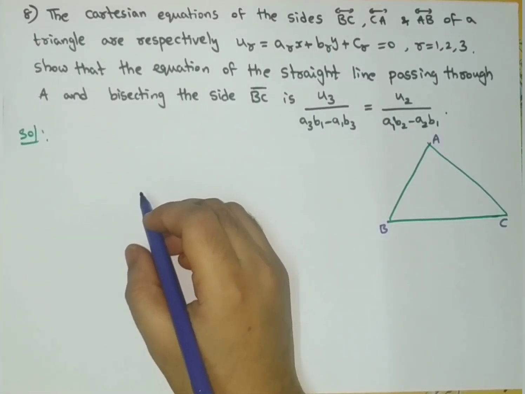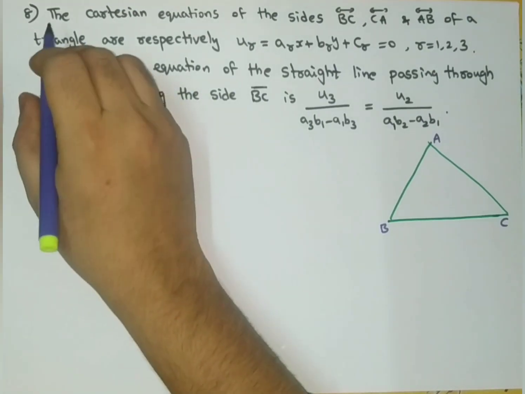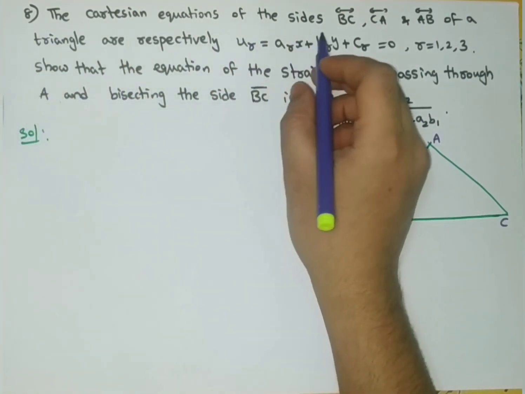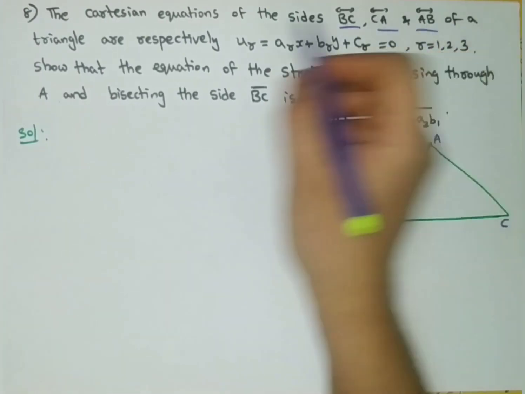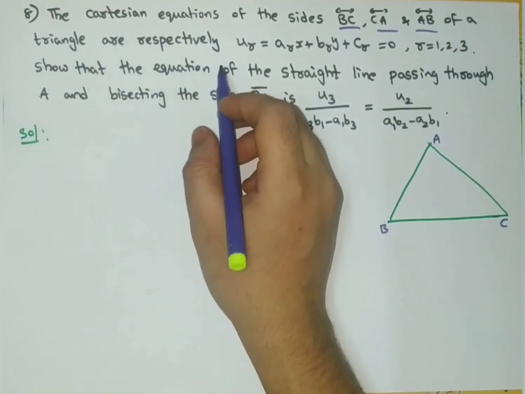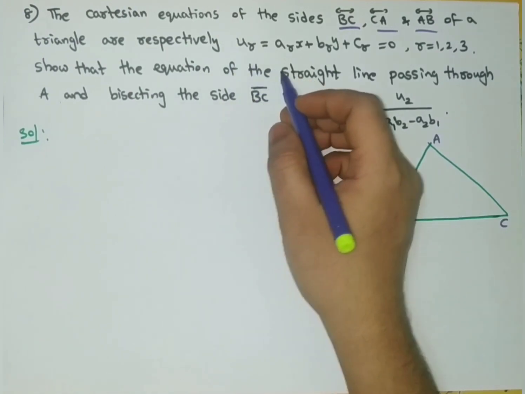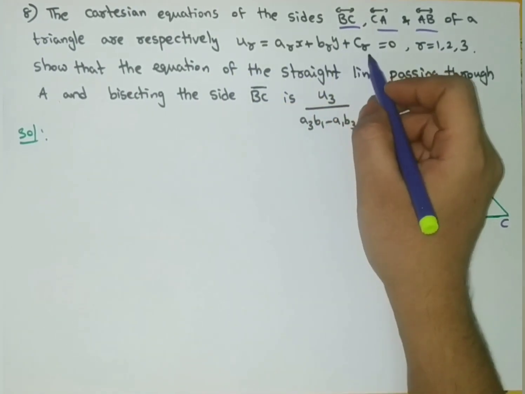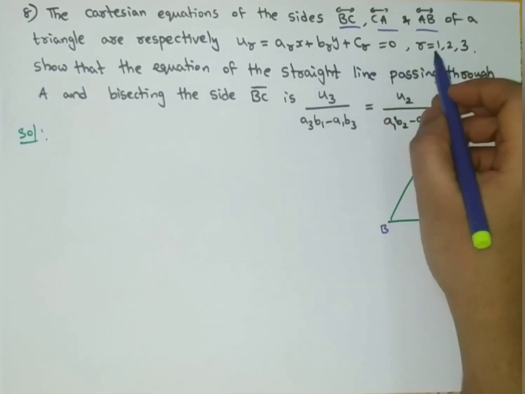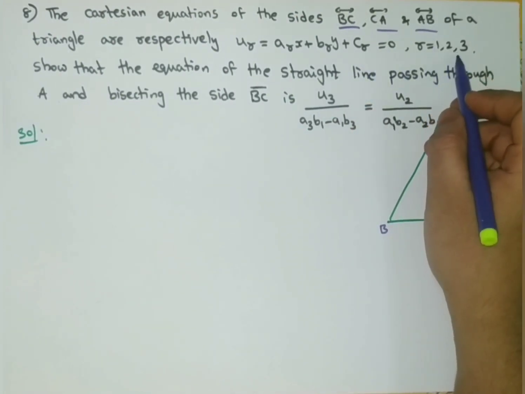Now let us discuss the last problem. The Cartesian equations of the sides BC, CA and AB of a triangle are respectively u_r = a_r x + b_r y + c_r = 0, r = 1, 2, 3.